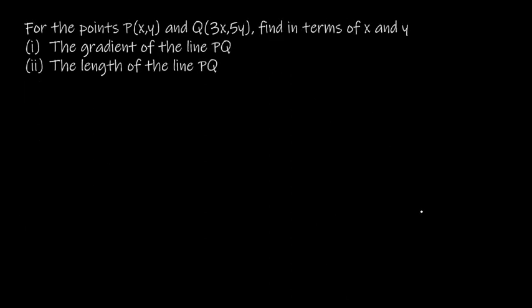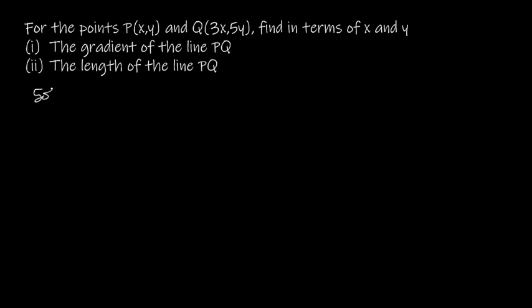Alright, so let's go ahead and look at another example. For the points P (x, y) and Q (3x, 5y), we are to find, in terms of x and y, I, the gradient of the line PQ, and then II, the length of the line PQ.